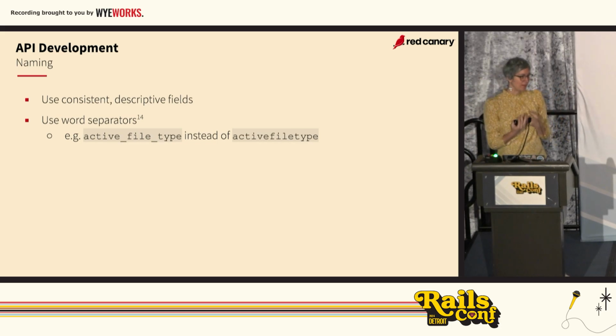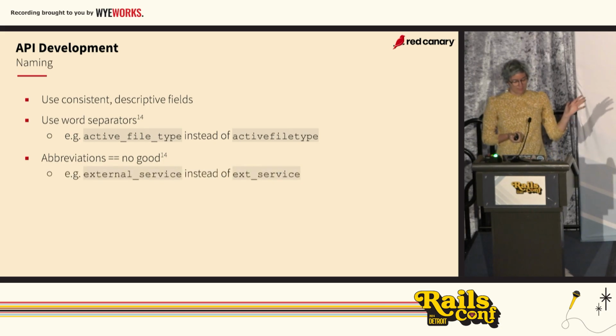So maybe your primary language isn't the language your API is written in, or maybe you haven't worked with an API before. You're not as technical as somebody else, or maybe this is the first time working with your API. These just benefit everyone and make our products easier to use. Again, abbreviations, right? One thing you take away, abbreviations, no bueno. Write out the words external service instead of ext service.